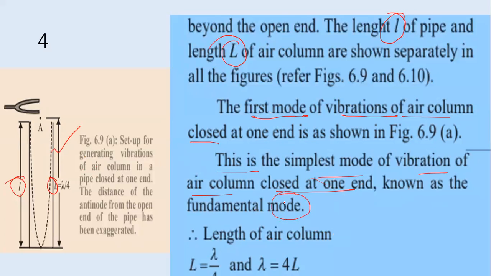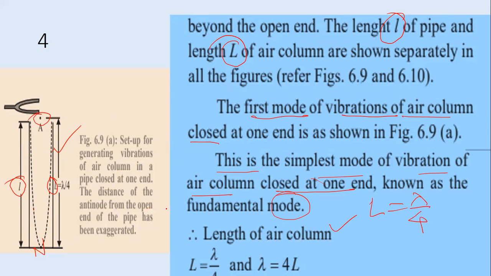Here, in this fundamental mode, the air column vibrates such that there is one antinode and one node. Therefore, the length of the air column L is equal to lambda by 4.